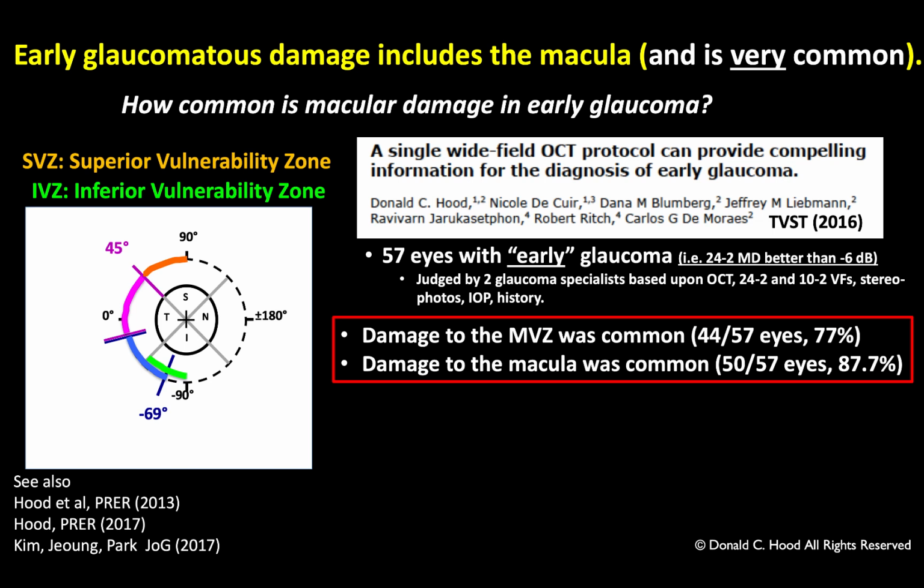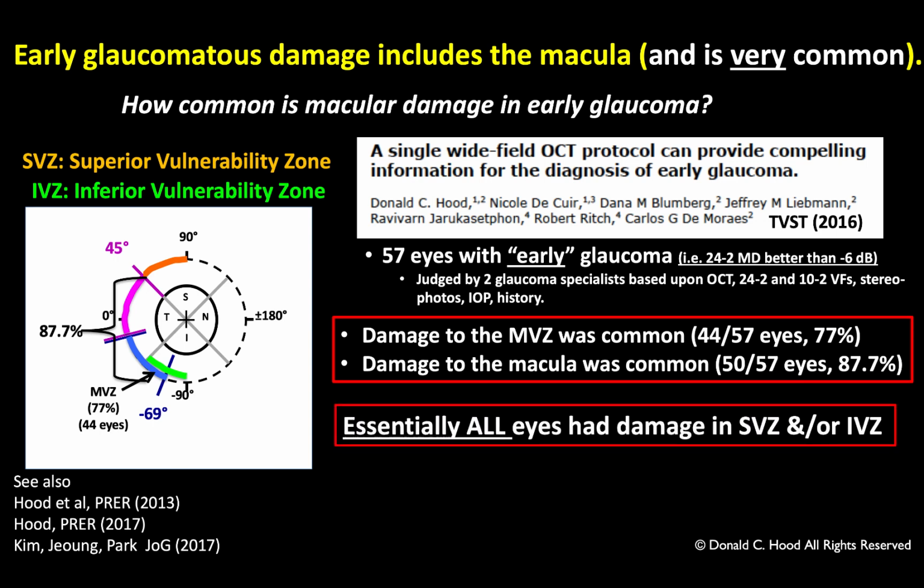Of these 57, damage to the macular vulnerability zone occurred in over 3/4 of these eyes, whereas damage in general was even higher, close to 88%. So 3/4 had damage in this region, 88% had damage that included that region plus the rest of the macula. Essentially all the eyes had damage either up here and or down here.